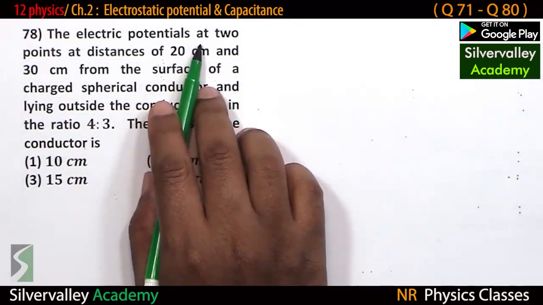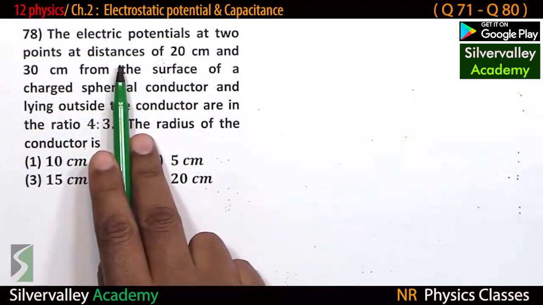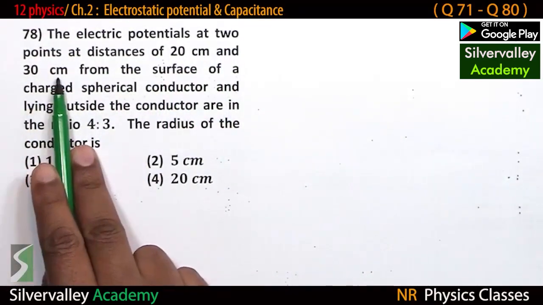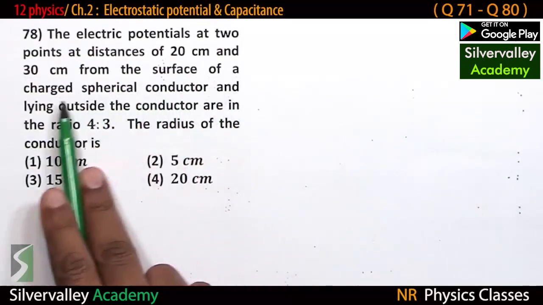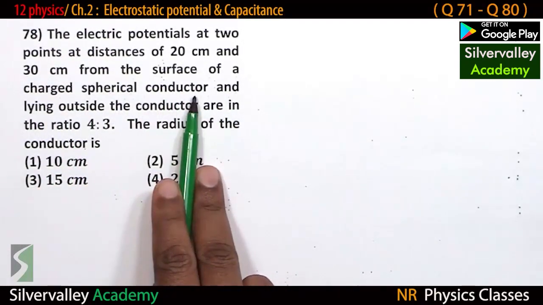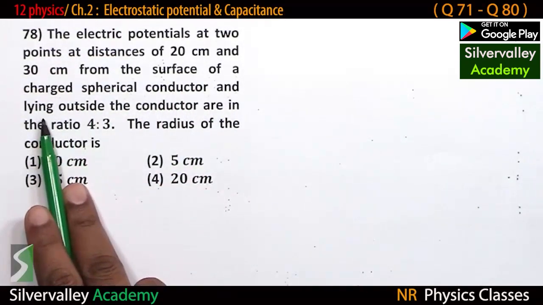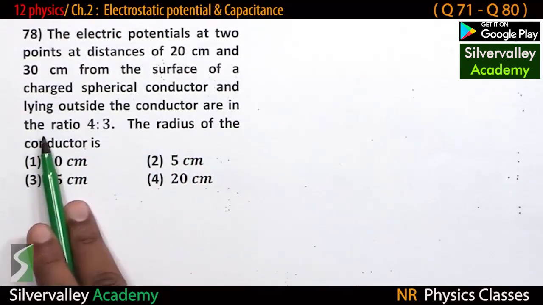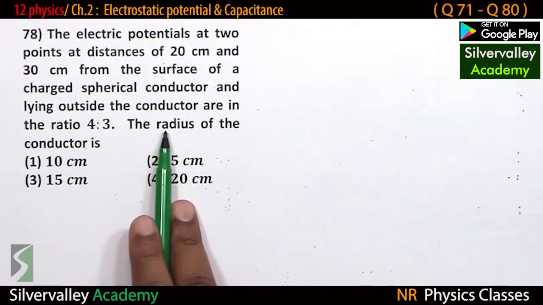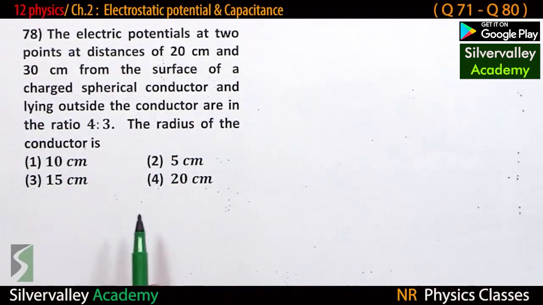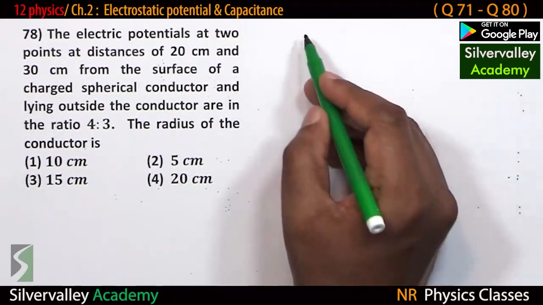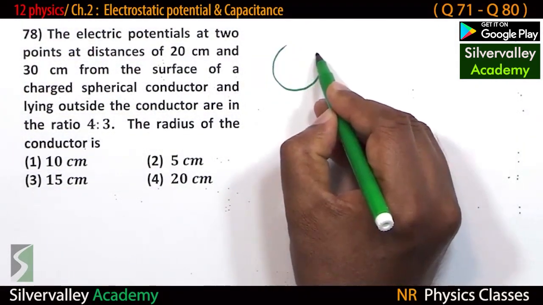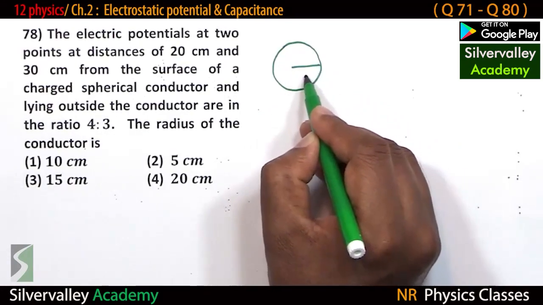The electric potentials at 2 points at distances 20 centimeter and 30 centimeter from the surface of a charged spherical conductor and lying outside the conductor are in the ratio 4:3. Radius of the conductor is? So this is a sphere of radius r.